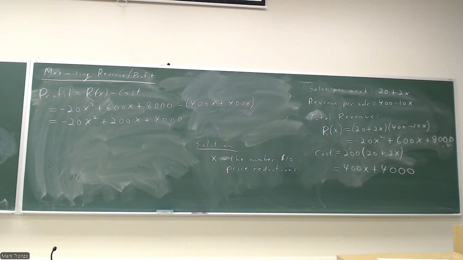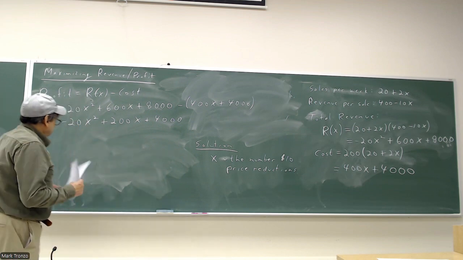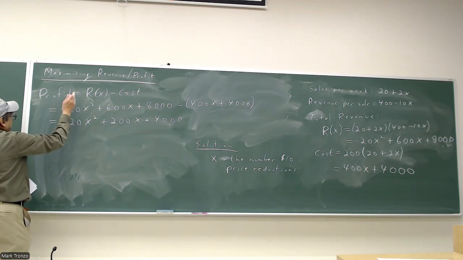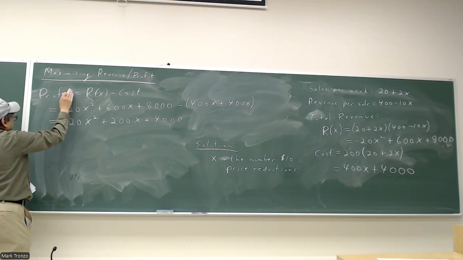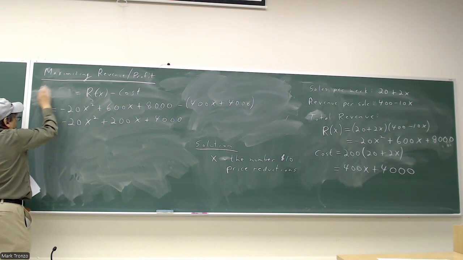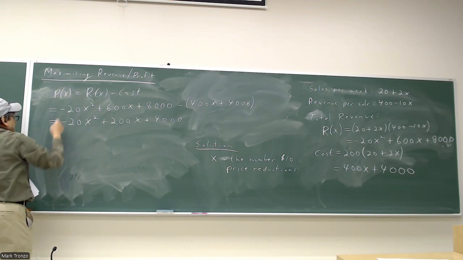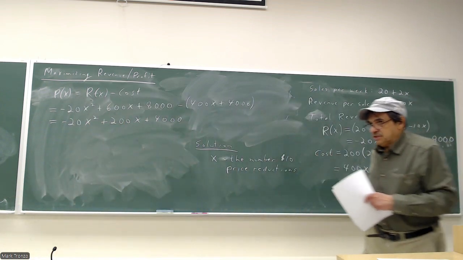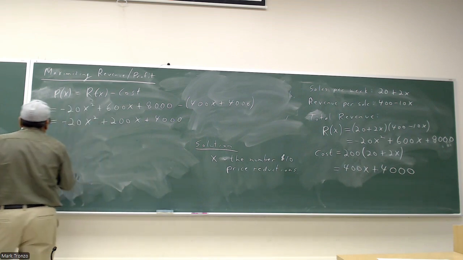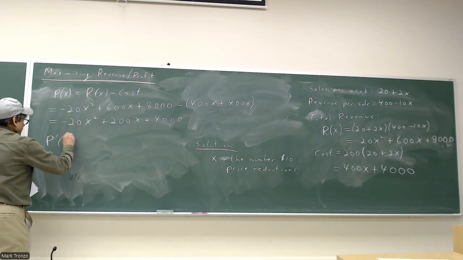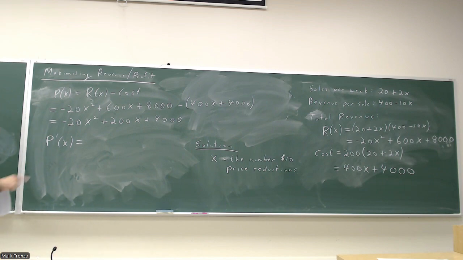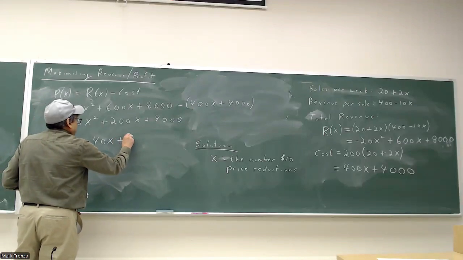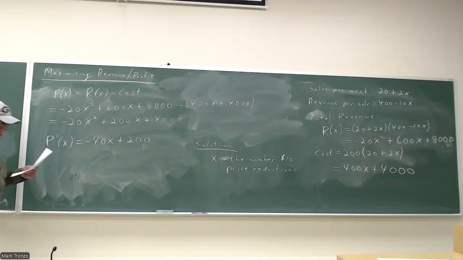So this is what we want to maximize. We want to maximize the profit. And so let me call this profit P, be a little bit easier to work with. So we want to maximize this. Once again, if you want to maximize things, in calculus, we take the derivative. And the derivative of this is going to be minus 40x plus 200.